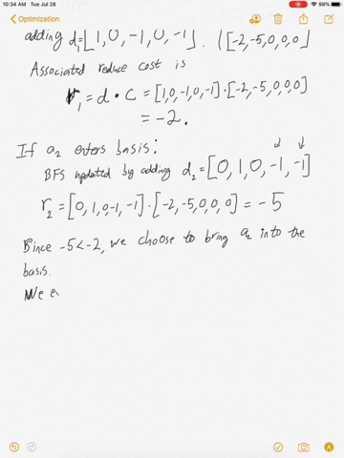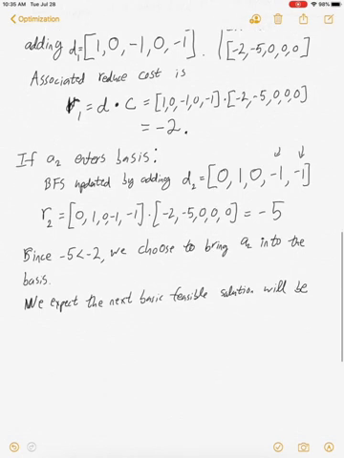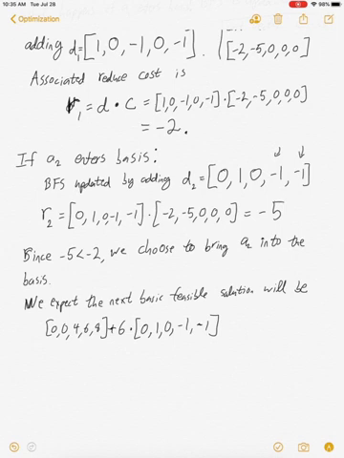So we expect that the next basic feasible solution will be our initial basic feasible solution, which was 0, 0, 4, 6, 8, plus 6 times 0, 1, 0, negative 1, negative 1.